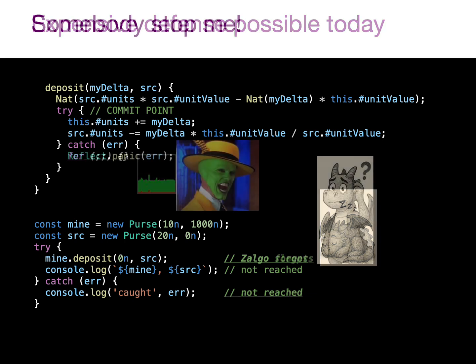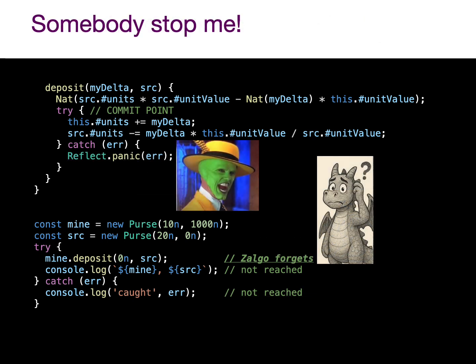So what we're proposing instead is that the JavaScript code have some way to say, "Somebody stop me," which is this reflect.panic operation, which is new API that we are proposing, so that it can become a practice, when engaging in the prepare-commit pattern, to do a try-catch, and then to stop the agent, to abort the agent, as soon as possible.